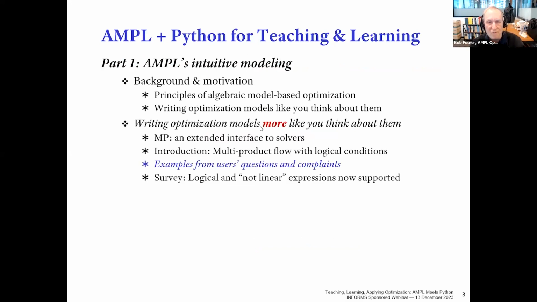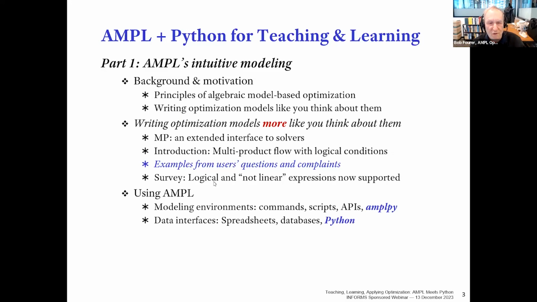The main part is describing how we rewrote our interfaces to various solvers so that you could write optimization models a lot more like you think about them, and make it easier for people to both teach and learn optimization as well as to apply it. And I'll finish with a few other aspects of AMPL that have been enhanced recently.